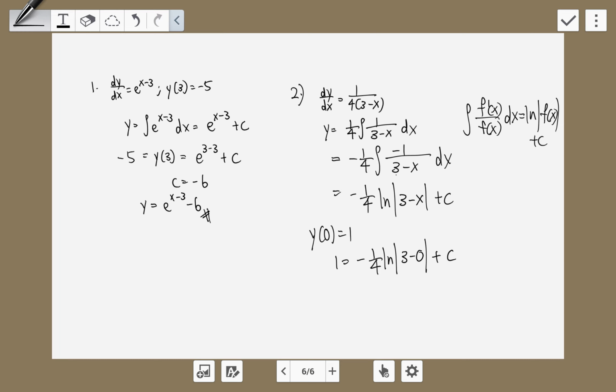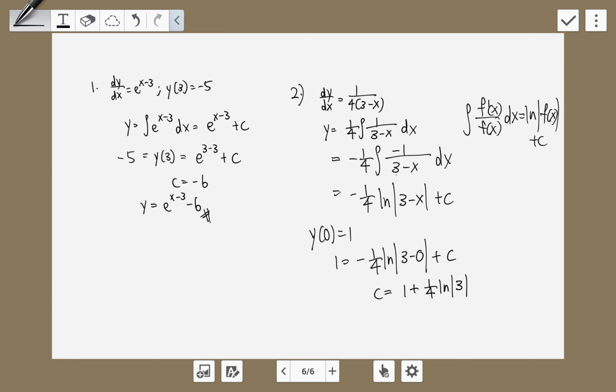Then, no, better not do it this way. So I will have my c equals 1 plus 1 quarter ln 3, because y(0) equals 1.